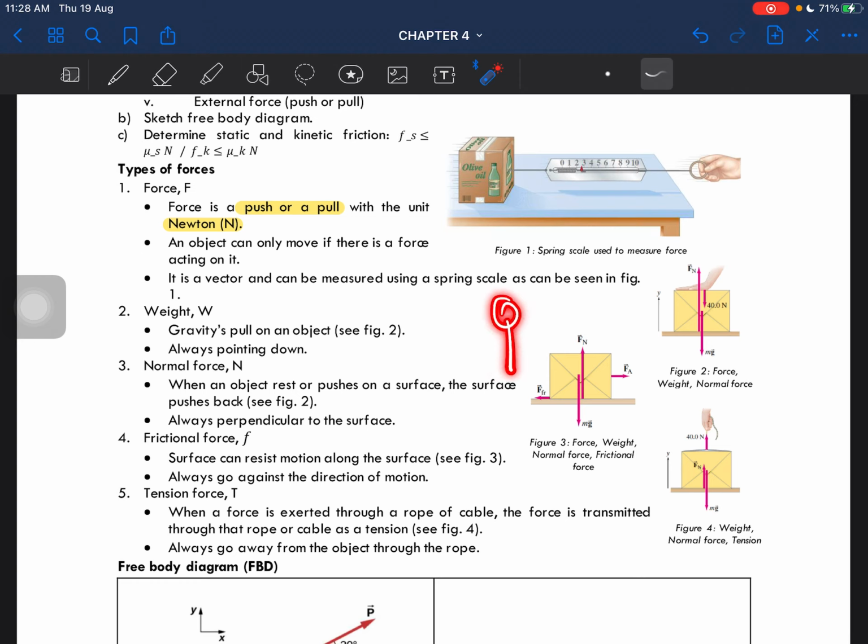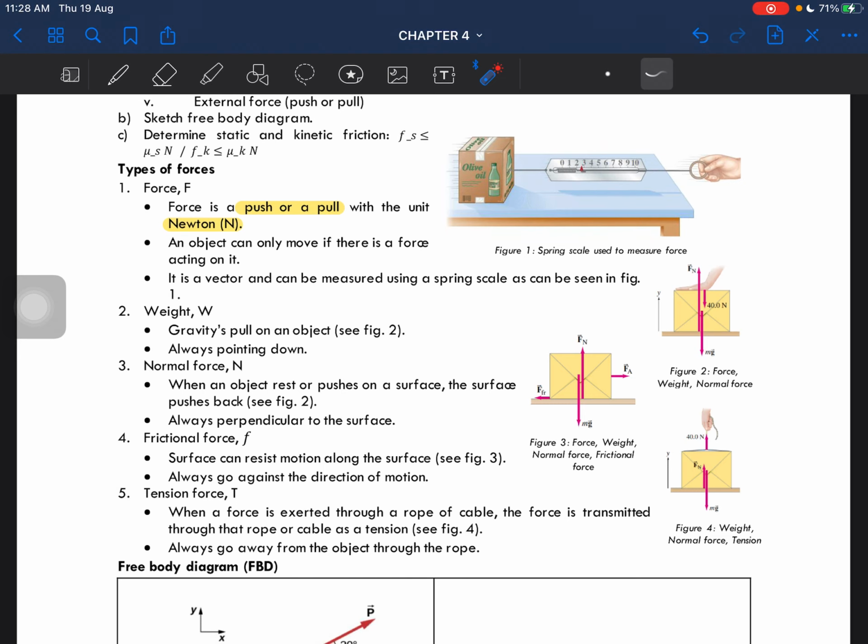But if someone pushes you, you will fall over. So if there's force, then you will be able to move. And then it is a vector. When I say it is a vector, it always has magnitude and direction. This is a spring scale used to measure force.